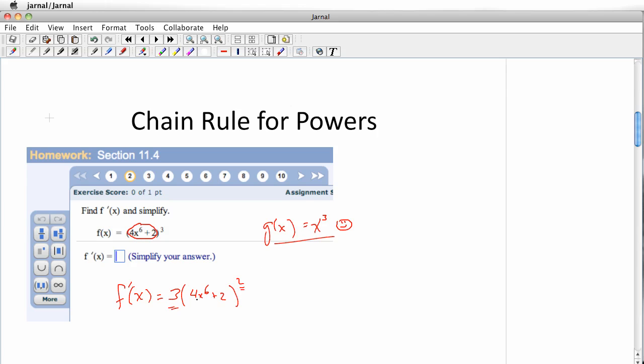The rule for x cubed is that the 3 comes down in front and the power gets reduced by 1. Now that's not quite right. The reason this is called the chain rule is that it does actually matter what's inside here. It makes sense that the stuff inside here would affect the answer. So what we have to do is multiply by the derivative of the stuff that's inside.